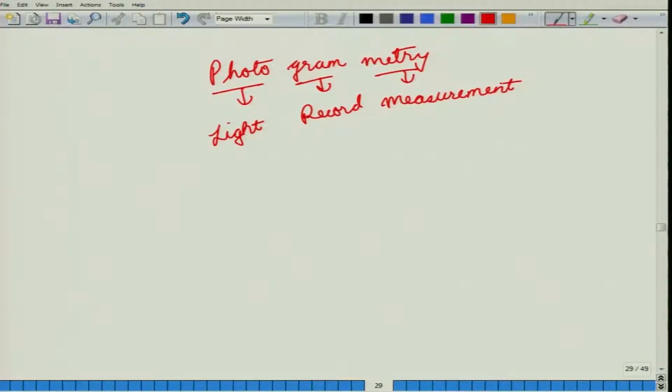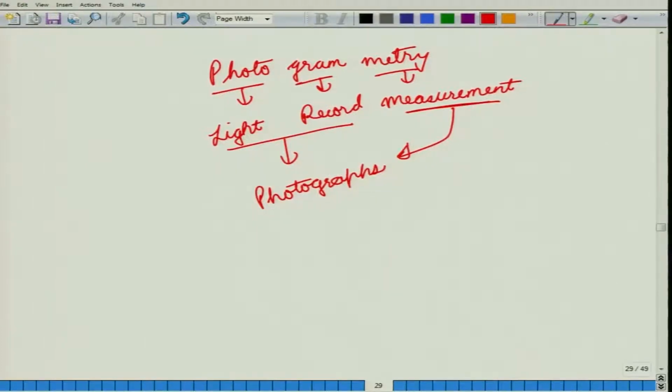So, we are trying to take measurements out of light records. Now, what are light records? Light records are nothing else but photographs. So, we are taking measurements out of photographs, and this science is known as photogrammetry.